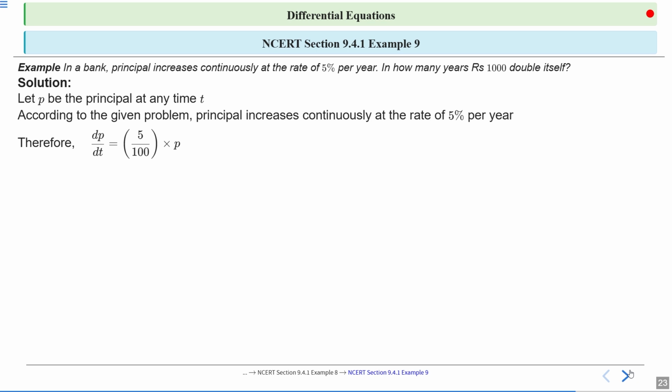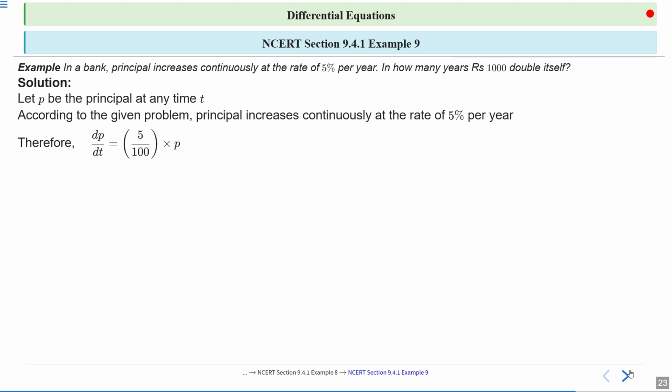Here dP/dt, where dP is the small change in principal and dt is the small change in time, represents the change in P per unit change in time. So dP/dt represents the rate of change of principal with respect to time.